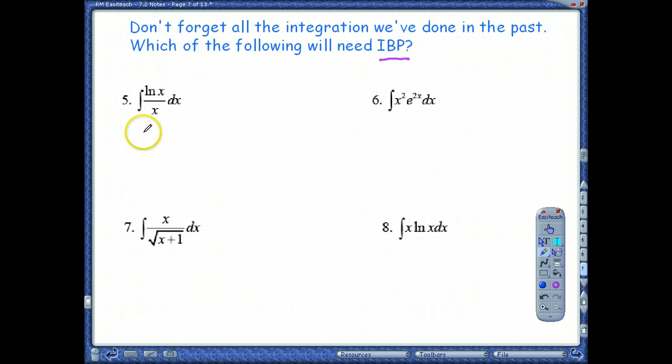Which one of these are you going to use integration by parts? We need an IBP here, and we need an IBP here. This is just a u sub, and this is a u sub with a backward substitution.